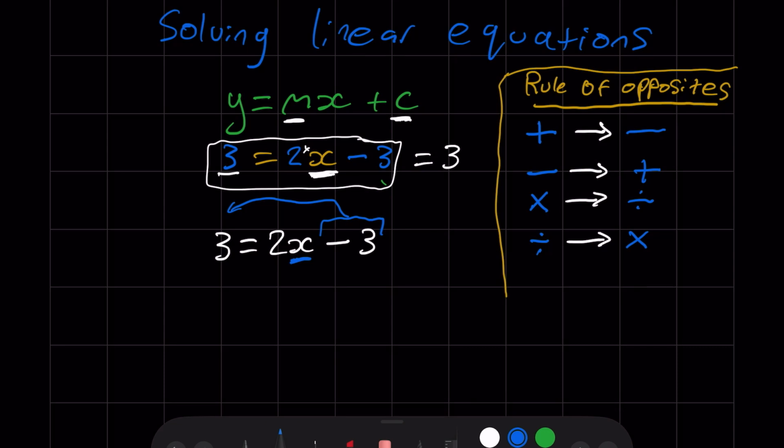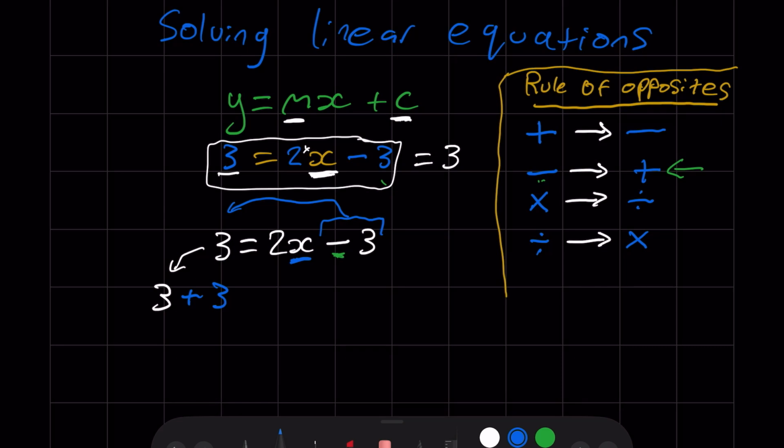This 3 is minusing. There's a minus there, the 3 is minusing. When we move things to the other side of the equation, we need to put the opposite operation. So the opposite of this minus here is plus. There's our opposite. So I will write 3, that's where we started with 3, plus 3. 3 plus 3.